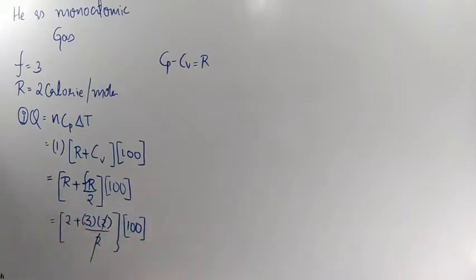So the 2 will get cancelled. 3 plus 2 is 5, 5 into 100 is 500. So the Q value is 500 calorie. Clear?